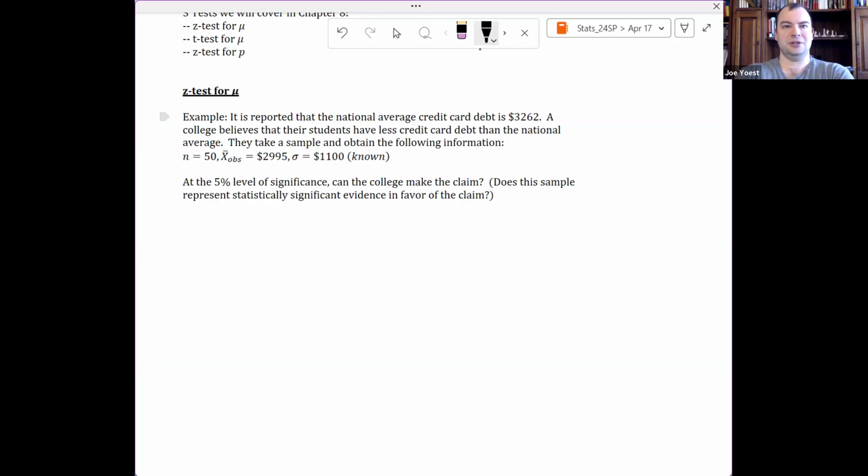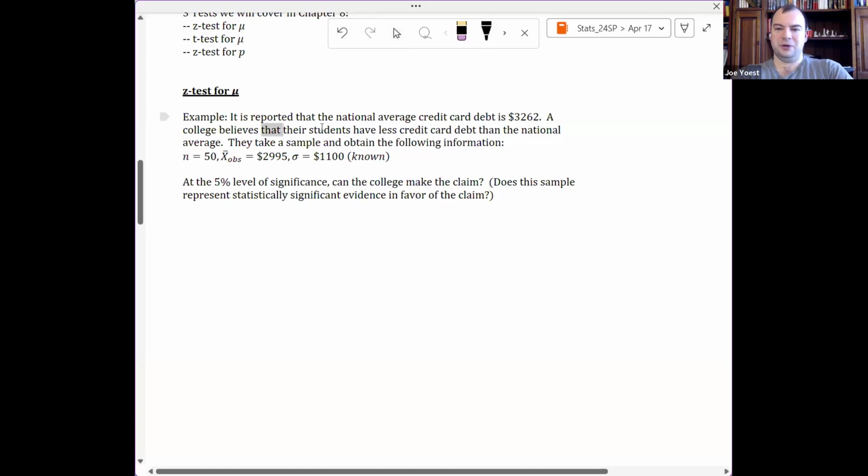And in the wording of the narrative, that we would need a minor miracle to get this just by sampling error. And if that's the case, then maybe it would be more reasonable to say that we think that the actual mean is below 32.62, that this would provide statistically significant evidence in favor of mu being less than 32.62.